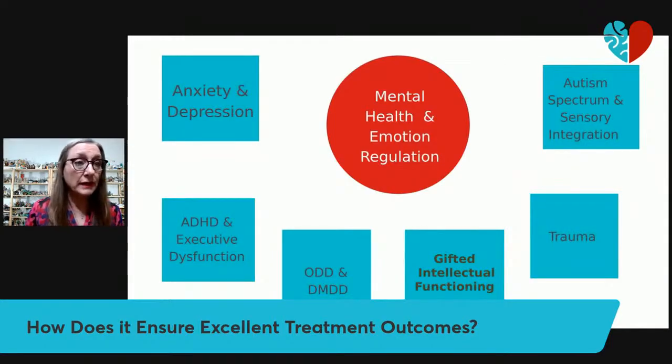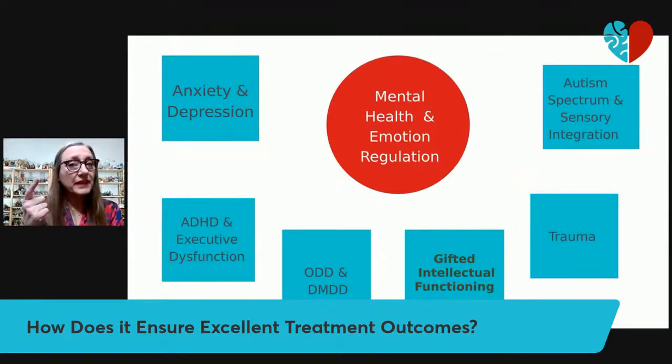So if they're dysregulating, it might be part of that ADHD executive function issue going on with them. It could be oppositional defiant disorder or disruptive mood dysregulation disorder. We know kids who are of gifted intelligence may be struggling with anxiety, and that might result in some dysregulation. There are any number of things that can be underneath and causing this emotion dysregulation.